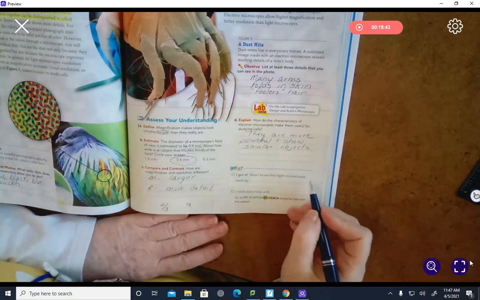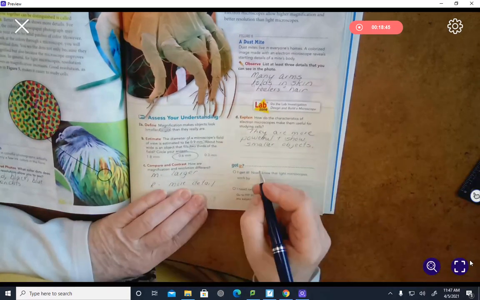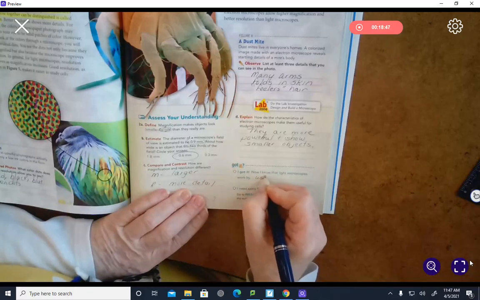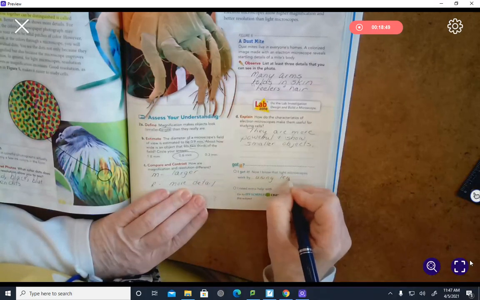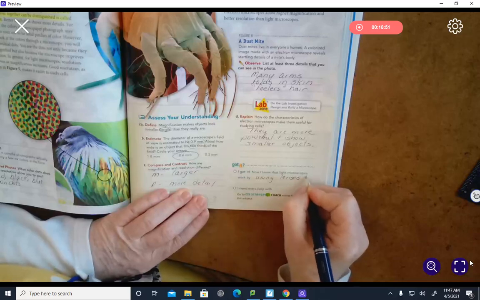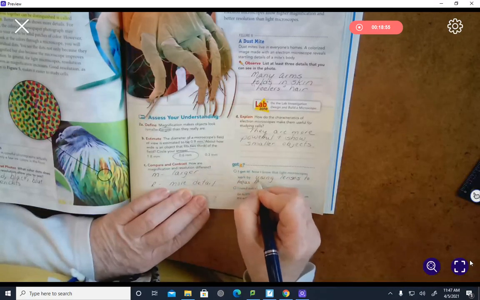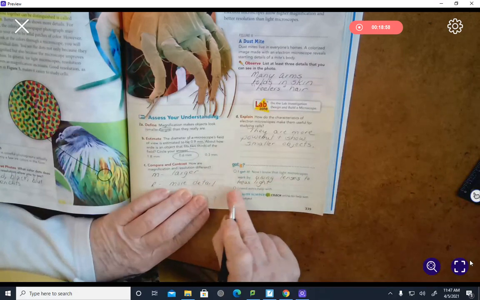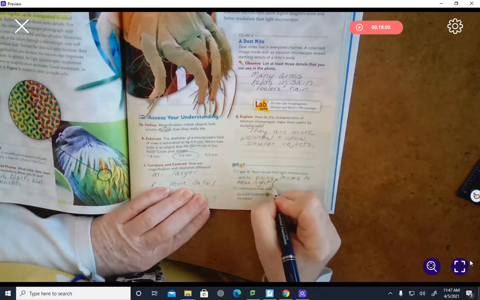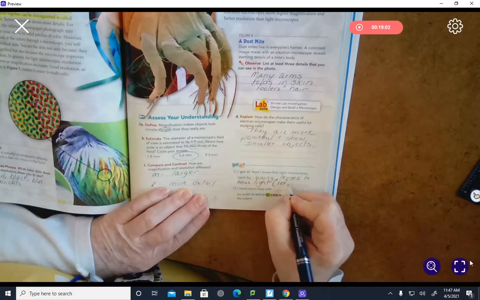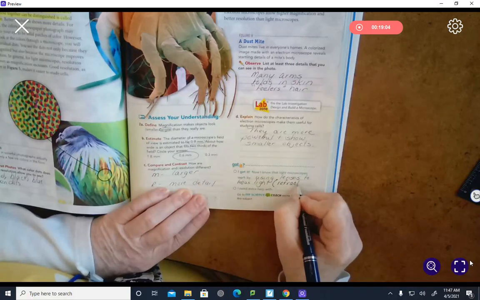Now I know that a light microscope works by using lenses to focus light, and I'm going to introduce a word here. I've been saying it to the kids in the class. They bend the light a little, and when you bend light, that's called refracting light.